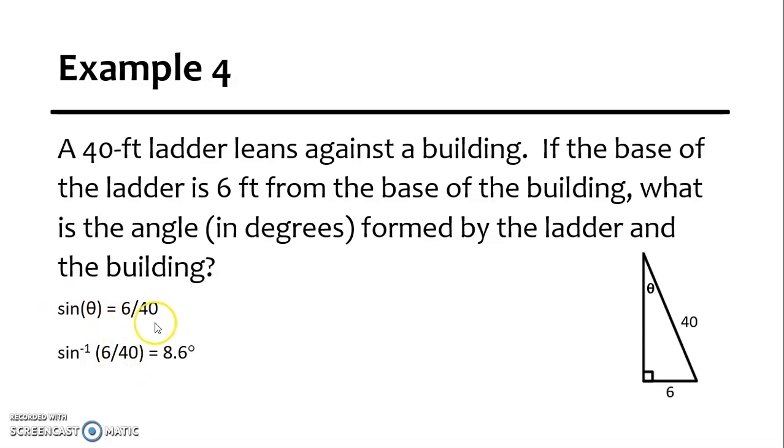You would do the sine inverse on both sides, and then you would just do this calculation to find out what theta is. So if I do a sine inverse on this side, it would just say theta equals, and then sine inverse on this side would be sine inverse of 6 over 40. So it's really an equation that we're solving, a trig equation using an inverse function.